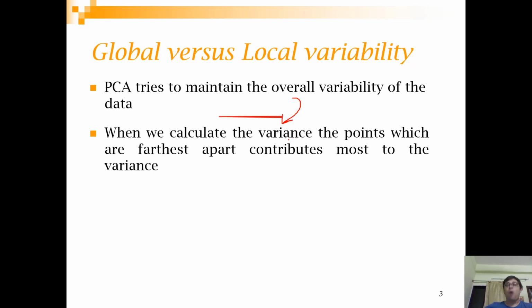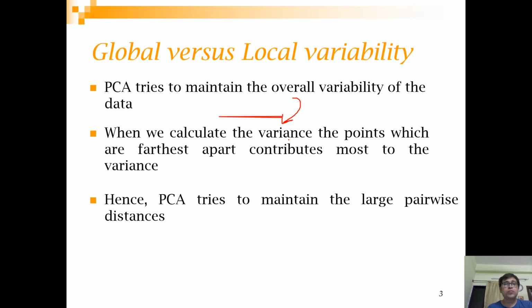The farthest points contribute most to the variance, so they have the highest distance from the mean. So we can say that PCA tries to maintain the large pairwise distances. This is why we say that PCA has a global focus. It is trying to preserve those distances which are far from each other.